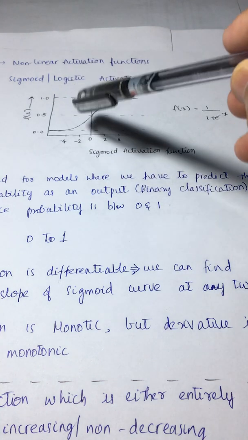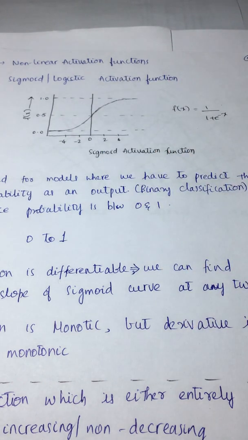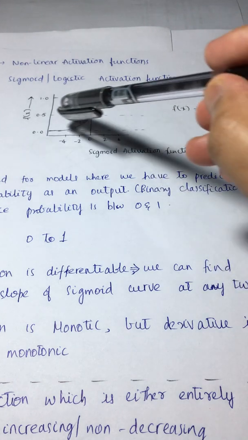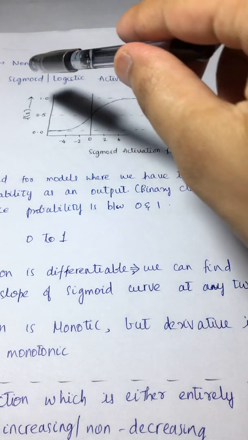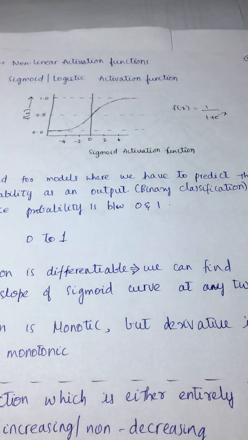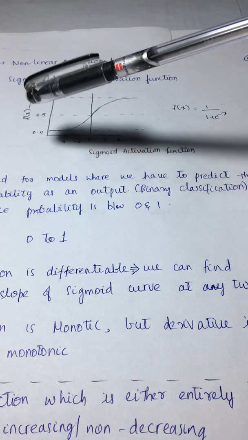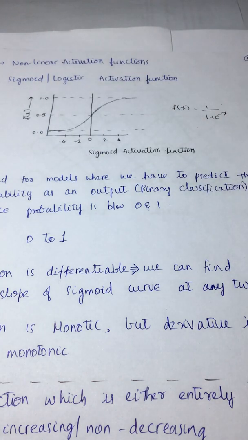Before that, you can have a look at the plot of the sigmoid curve. You see that the value of y will always be between 0 and 1, right?